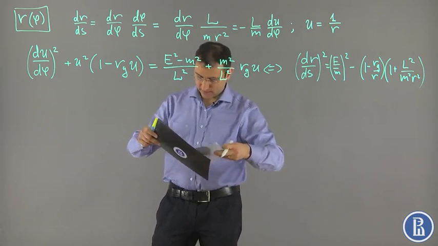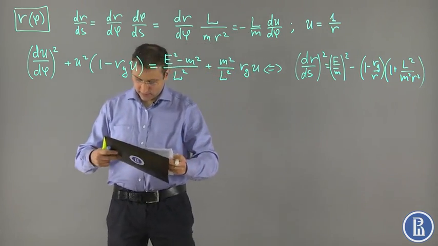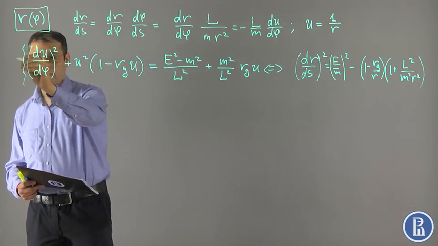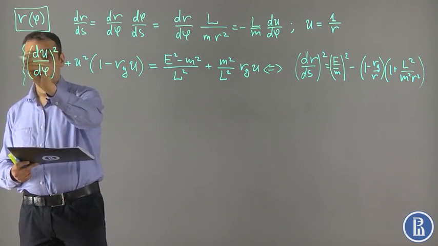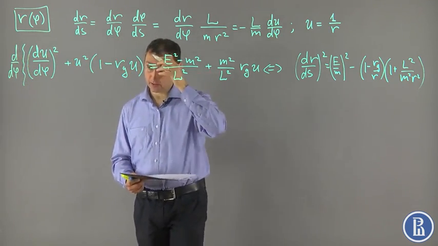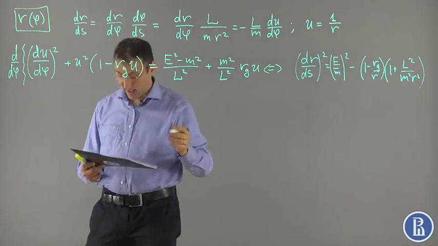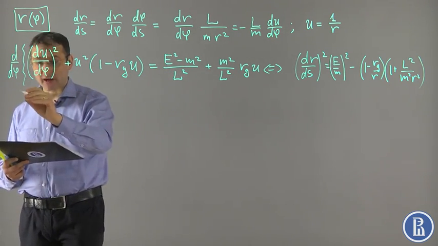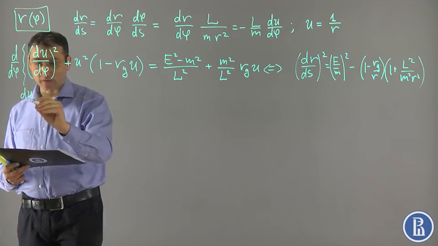Now let us differentiate. Let us take the differential of both sides of this equation over d phi, and after obtaining the expression, divide both sides by du over d phi.